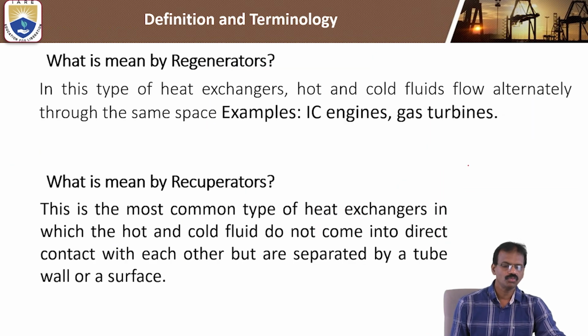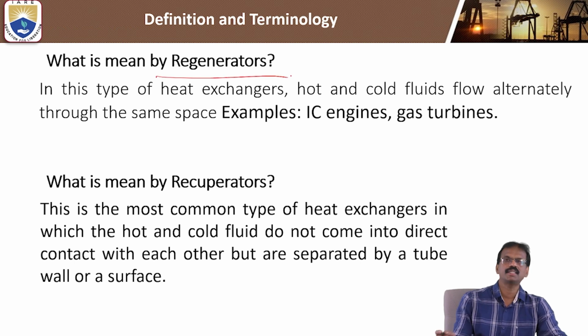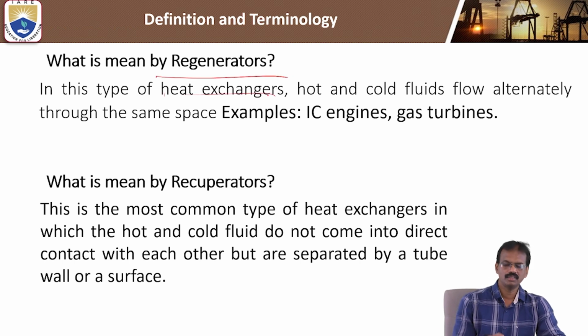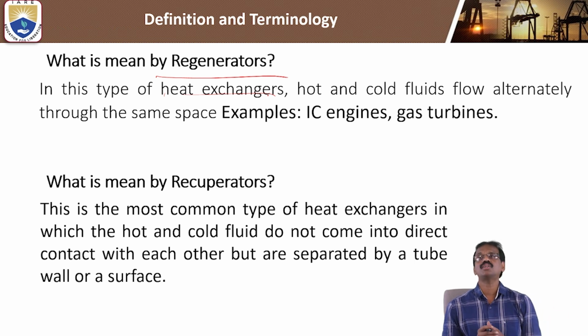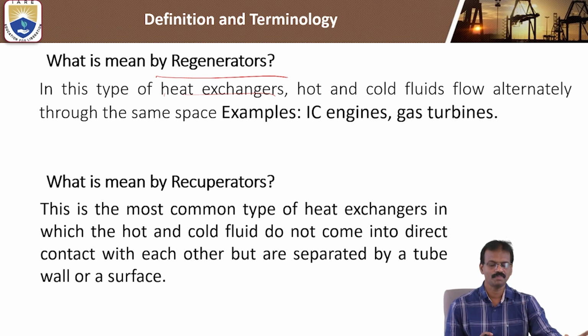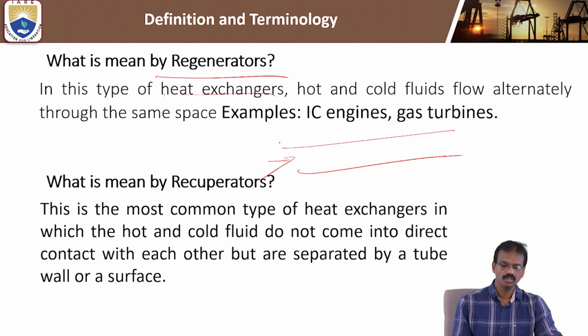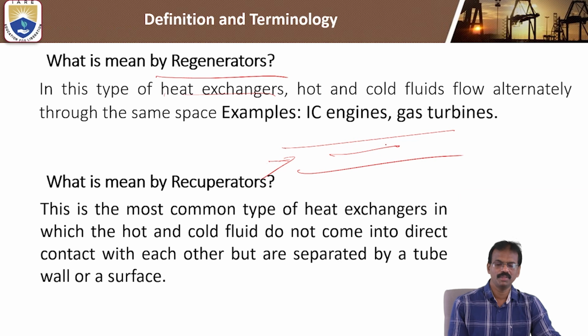Okay. So what is meant by regenerators? In this type of heat exchanger, both the hot and cold fluids flow alternately through the same space. First the hot fluid will flow, next the cold fluid will be sent. So the same space is alternately occupied by the fluids.